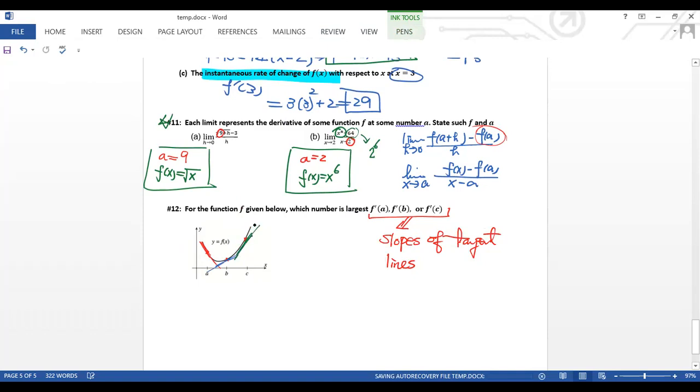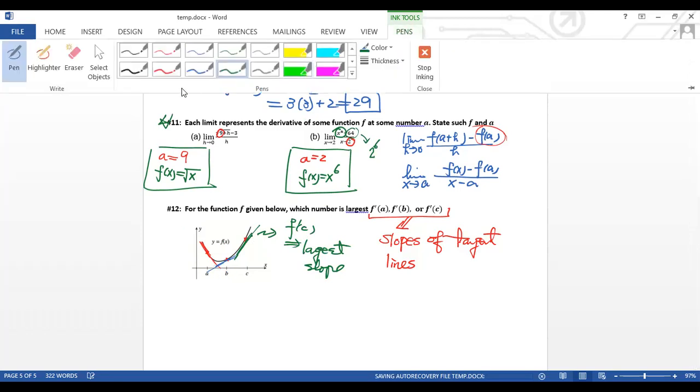Okay, so now, because we know they all are the slope of the tangent line, which line has the steepest slope? This one. F prime C, this one has the largest slope, right?